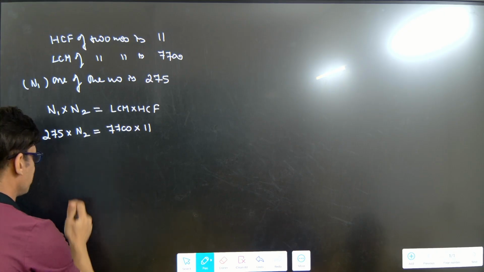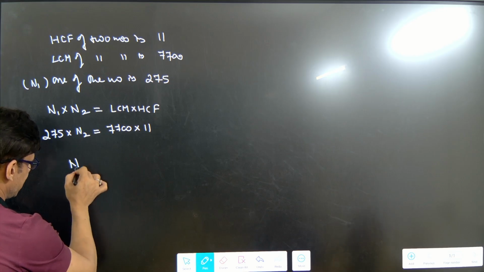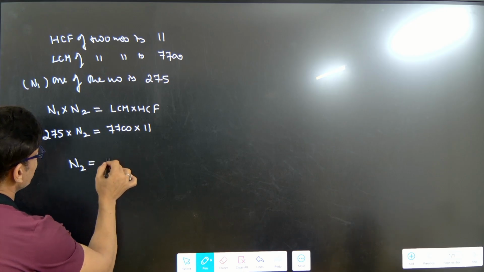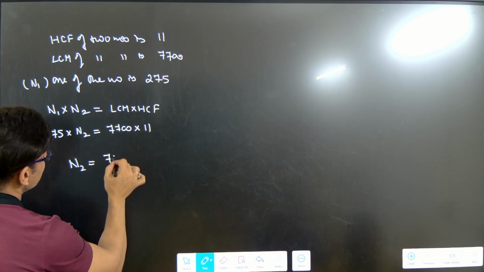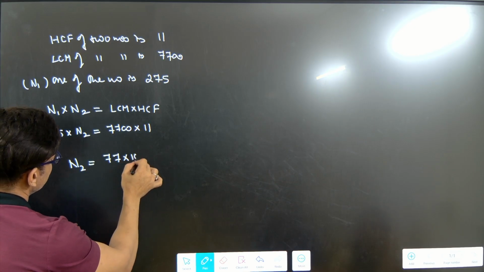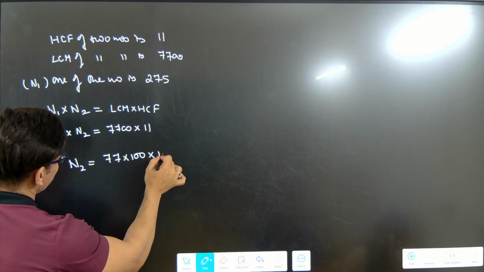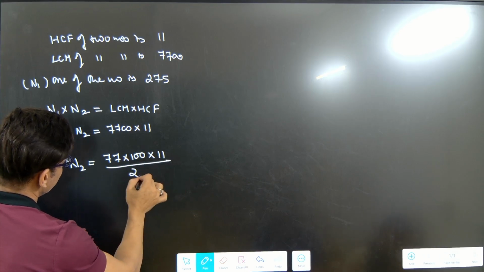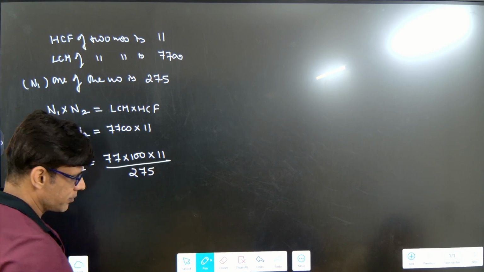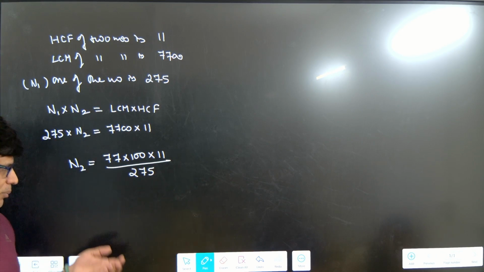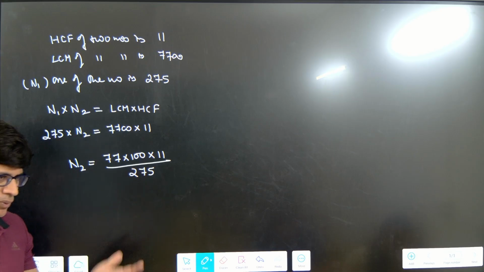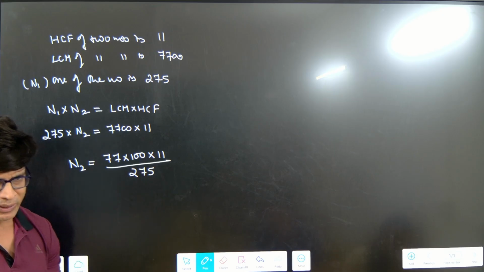So when I'm finding N2, logically it has to be. Can you write this as 77 into 100 divided by 275, right? That means if the second number is an integer, the denominator has to be 1. That means it should get cancelled out, right?